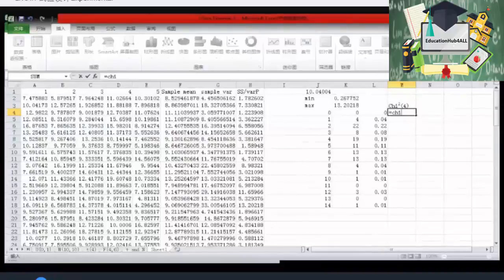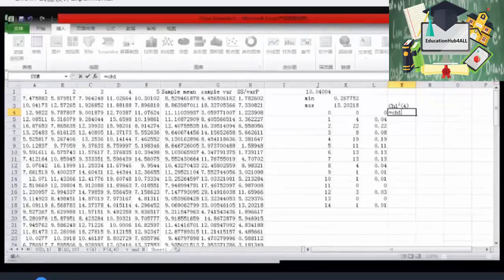This is again the same in the F distribution. If we use this one, we find the area on the left. If we use RT, right tail, this is the probability on the right side.